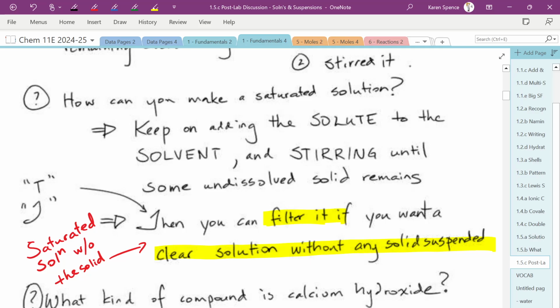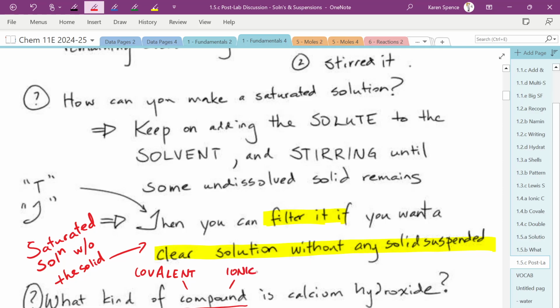What kind of compound is calcium hydroxide? What are the two kinds of compounds? Covalent and ionic.